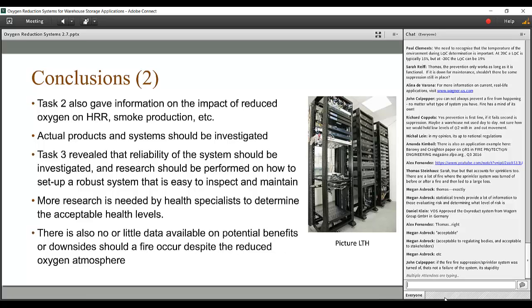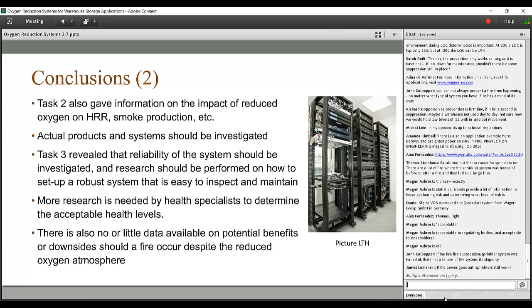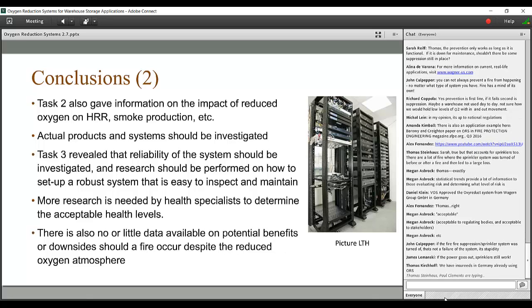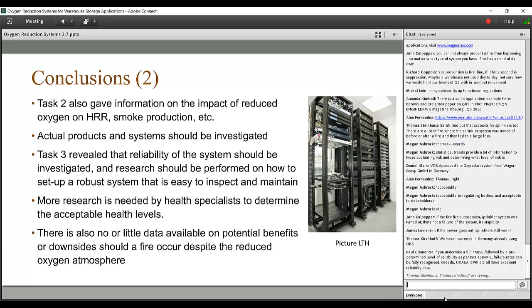As I mentioned also, the positive things are, as we could see, that it increases the ignition time, it reduces the heat release and so on. But when you have a fire and you want to determine the threshold values, which we only looked into in limited detail because we wanted to focus on fire prevention, there is of course smoke at reduced oxygen levels and at rather high equivalence ratios. It means more soot and more gas production.